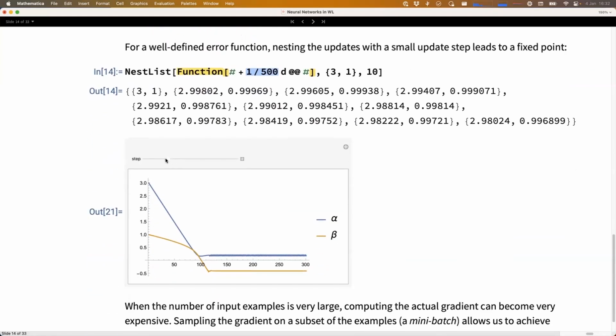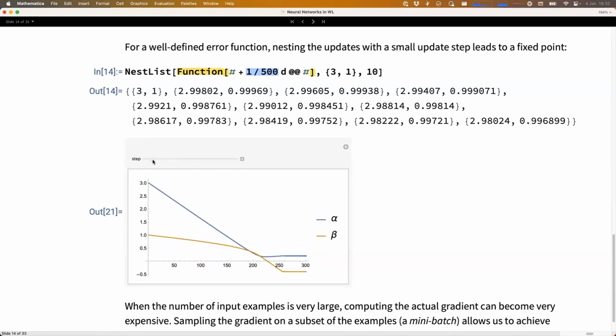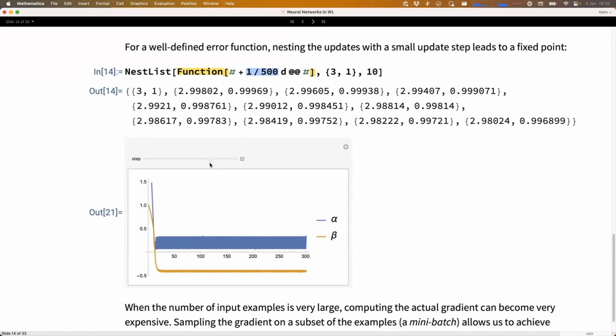And here you can learn a lot of things by playing dynamically with this step. If my step is big, I immediately go to a good area where my solution is, but then I never really find the solution because I move too much.